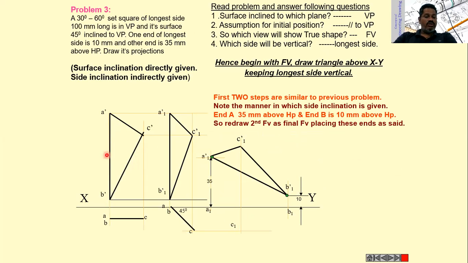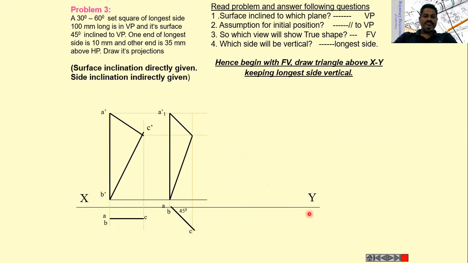One end of the long edge of the set square is in the vertical plane, which is making some angle, and this set square surface is making some angle with the vertical plane. Similarly, the end of this long edge is at a certain height from the horizontal plane. In that case also, we projected the views of the set square.